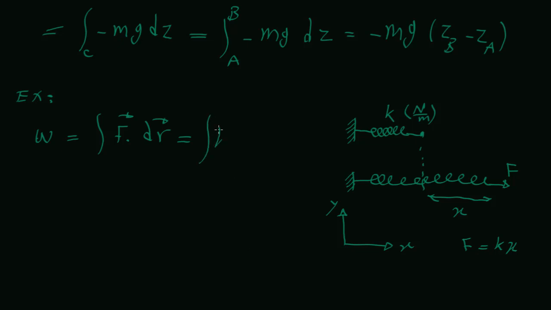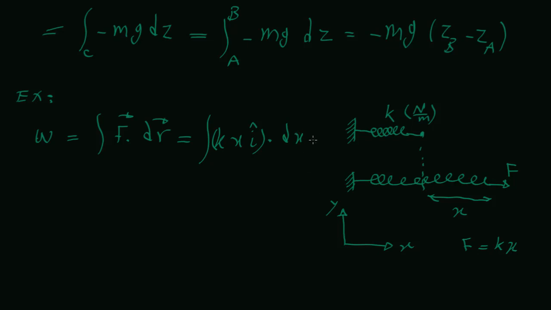So we have kx in the i direction, dot product with dr, which is again just in the x direction, so this would be dx. We're just pulling this spring slowly from this point to this point.